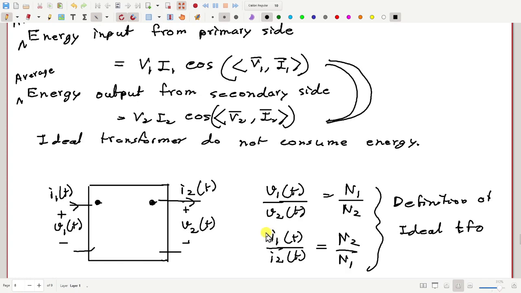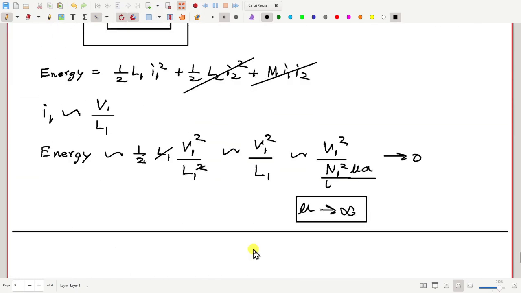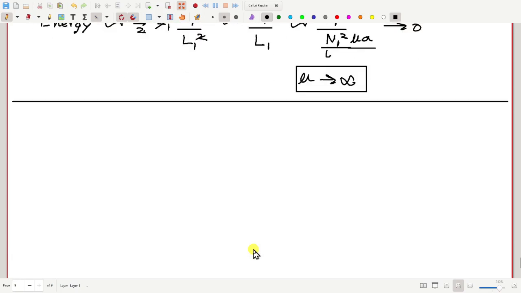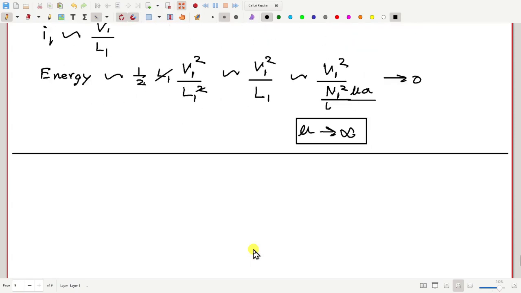Okay, fine. What's next? Any questions so far? Okay, so we saw. But there will not be an eddy current in the transformer?